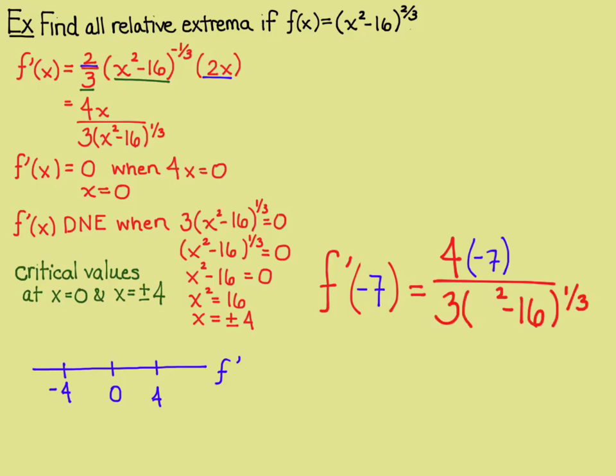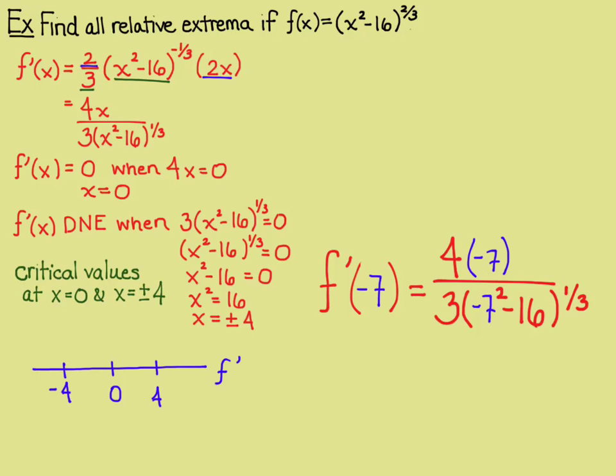I'm going to plug in first a number in the interval from negative infinity to negative 4. So my favorite number in there is negative 7. When I plug in negative 7, I see that the numerator is going to be a negative number. Remember, I don't care what number it is, I just care whether it's positive or negative. The denominator, on the other hand, 3 is positive, and negative 7 squared is going to be positive.